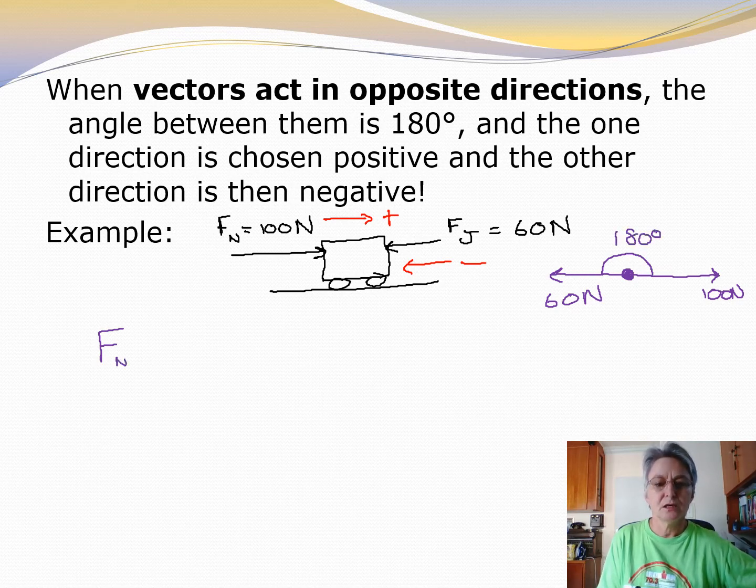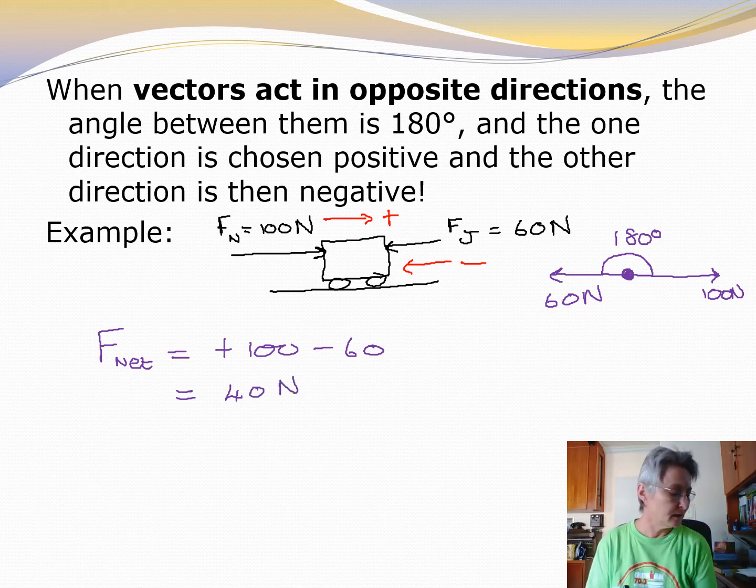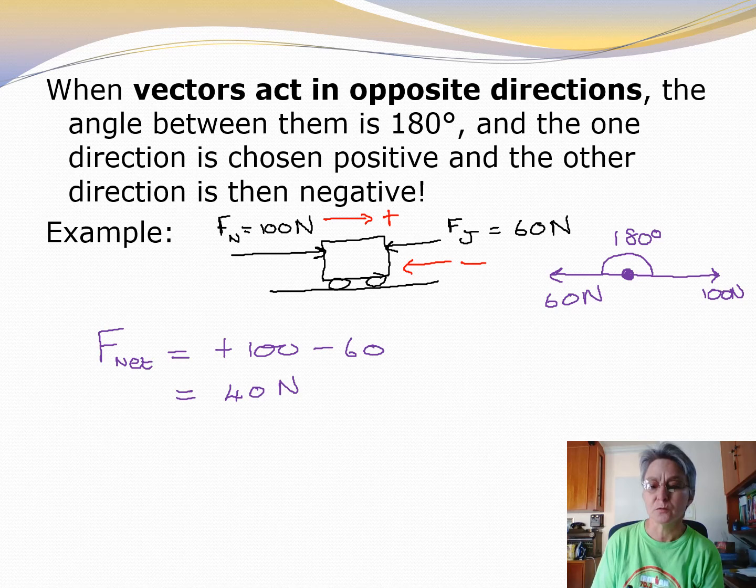So the net force in this case would be positive 100 minus 60, so that would be 40 newtons. So Nazli could just as well have pushed with a force of 40 newtons and have the same effect on the trolley.